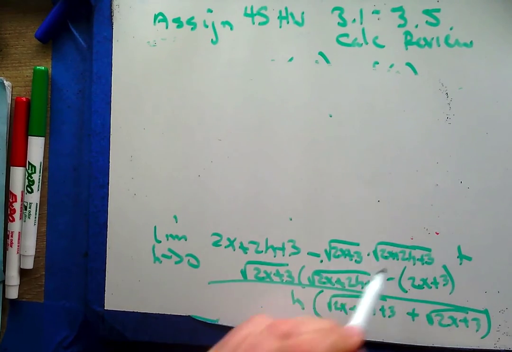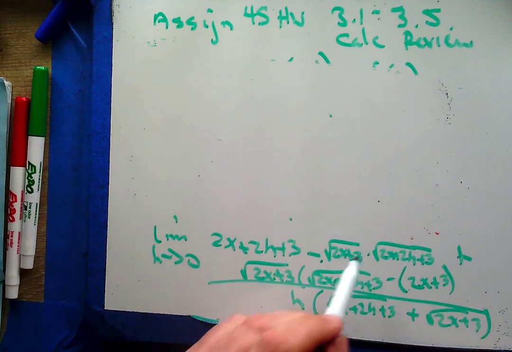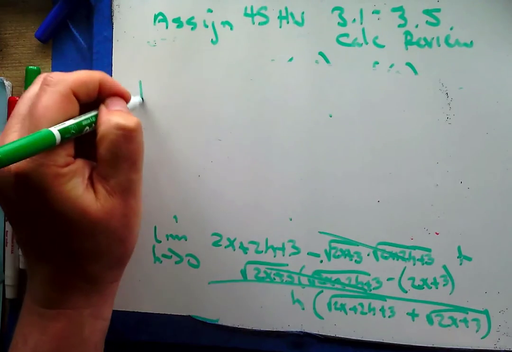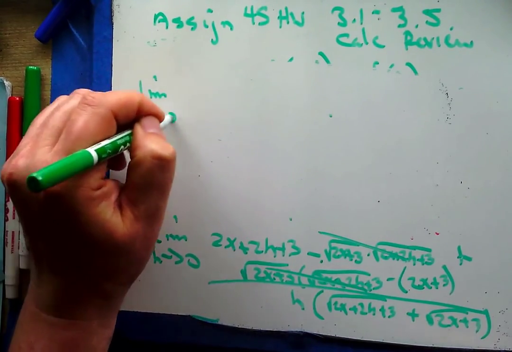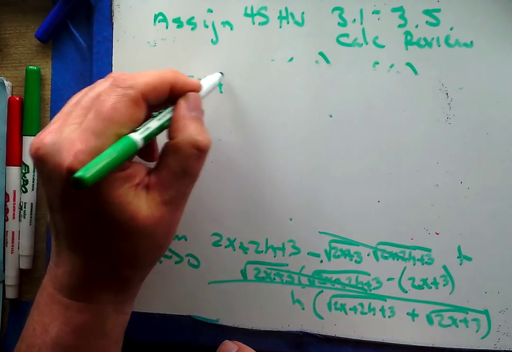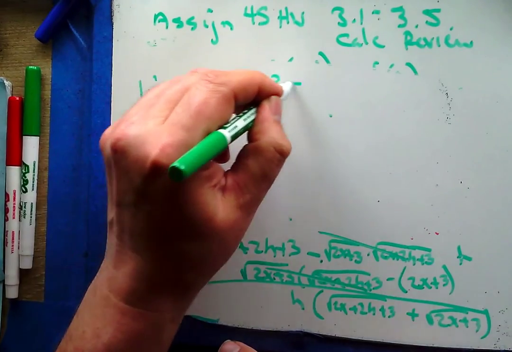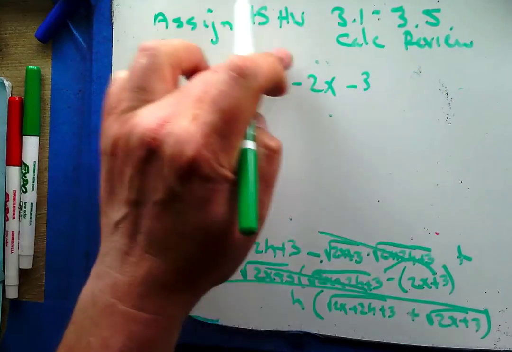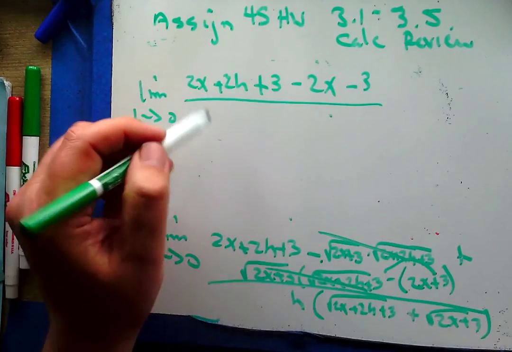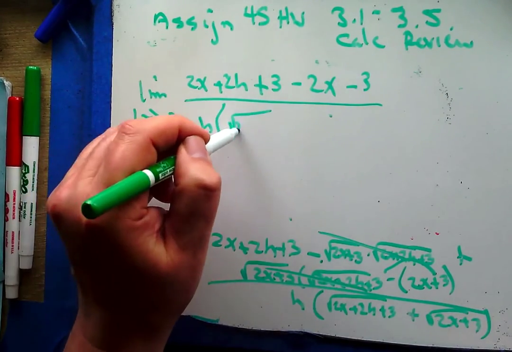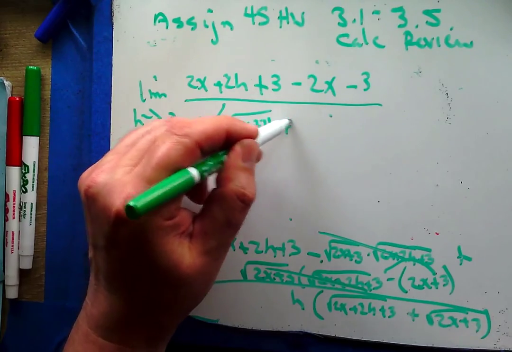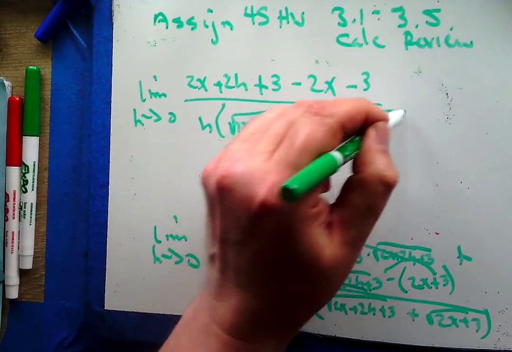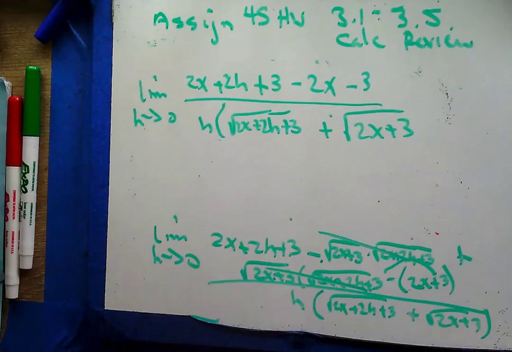Well, minus this times this plus this times this, they cancel. So now I've got the limit as h heads to 0 of 2x plus 2h plus 3 minus 2x. Don't forget to distribute. Minus 3, all over h times square root 2x plus 2h plus 3 plus square root 2x plus 3.